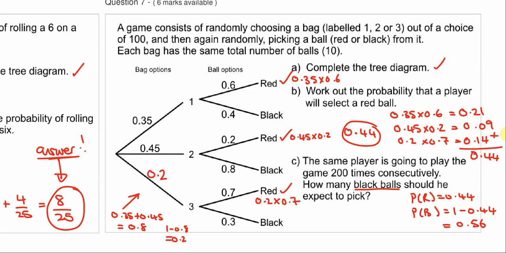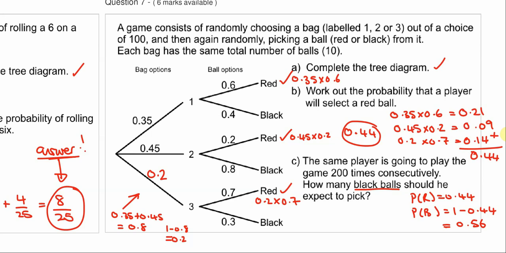And then we're going to use a little formula, but it's a bit of a common sense one. Think of it logically. If you flipped a coin 200 times, how many times would you expect it to land on heads? You'd say 100, because you've done a half of 200. You've done 200 times by a half. You've done the amount of times you do the experiment times by the probability of it.